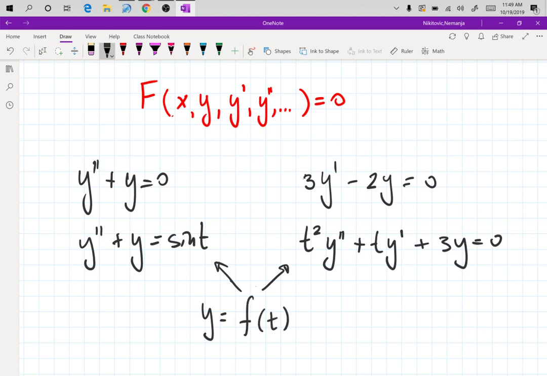So we know t is the independent variable. If it's not signified, like in the first two, you can have x as independent or t as independent. You can change that if you want. It's fine. My definition up there said x. I could have placed t. It's fine. X or t, whatever, independent variable.